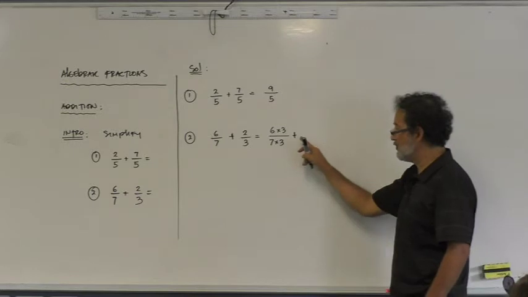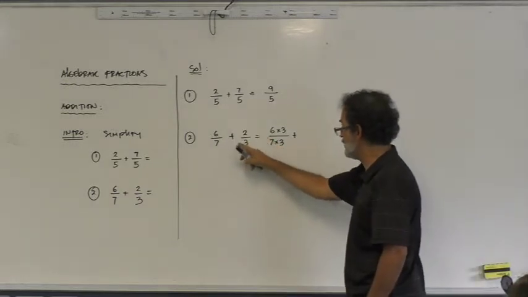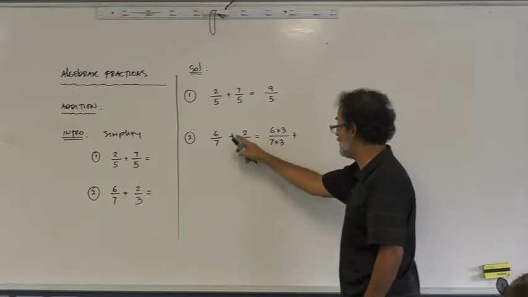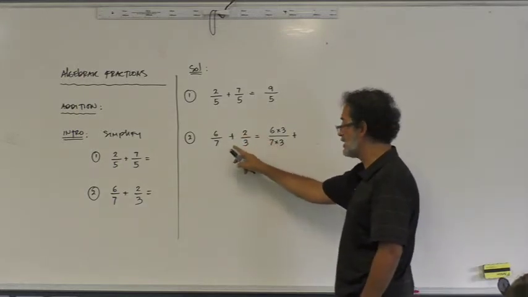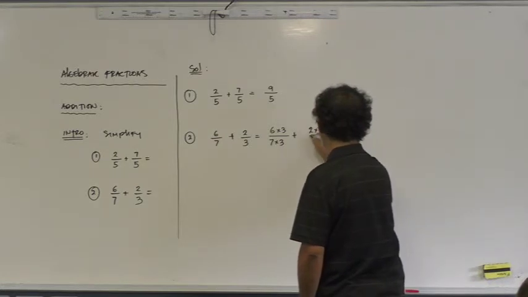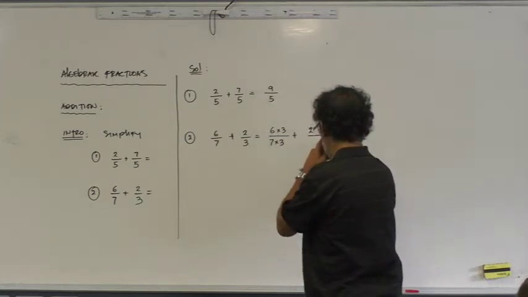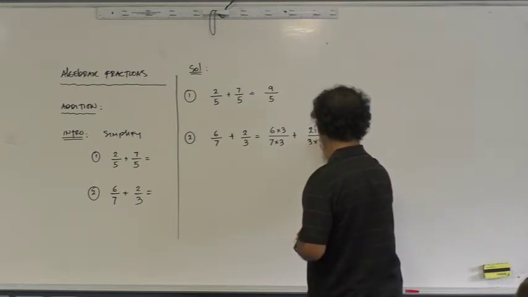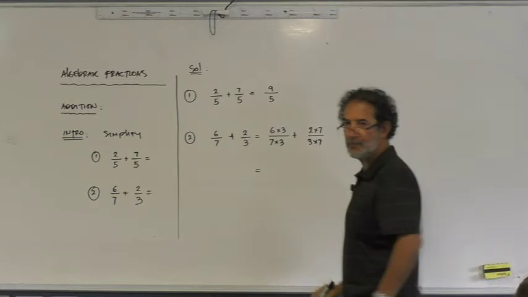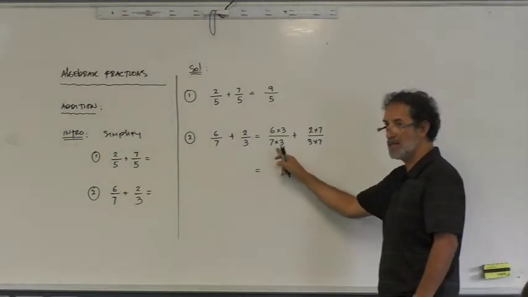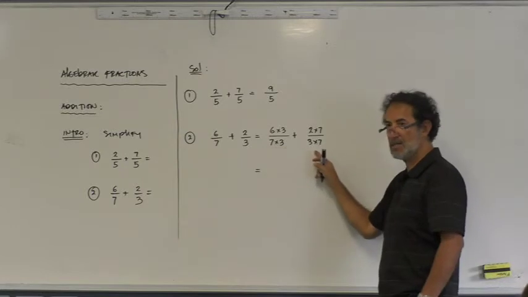Now we're going to amplify this fraction. Pay attention carefully. Now we're going to amplify this fraction by 7. So we're going to have 2 times 7, and then, all right, can you see that we're going to have exactly the same denominator?